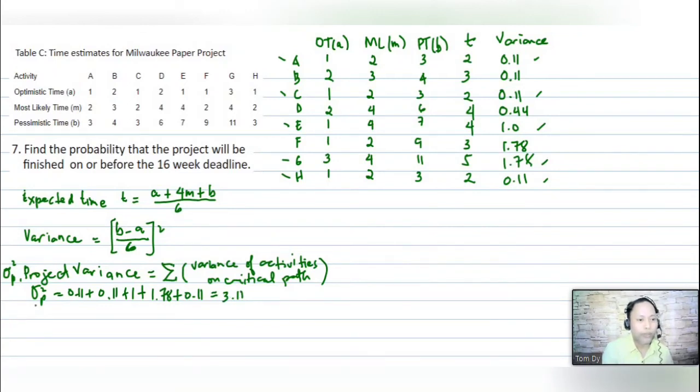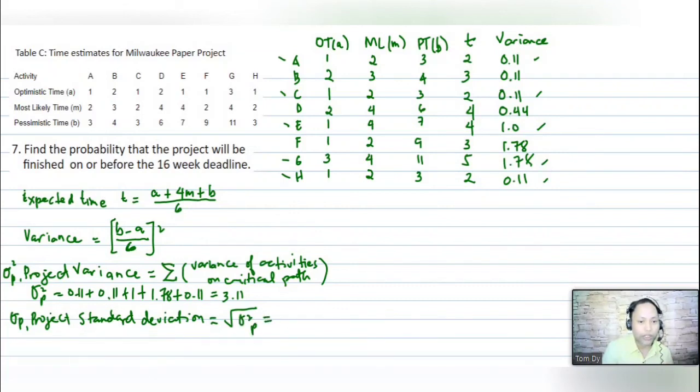This time, we have to identify our project standard deviation. Our project standard deviation is equivalent to the square root of your project variance.